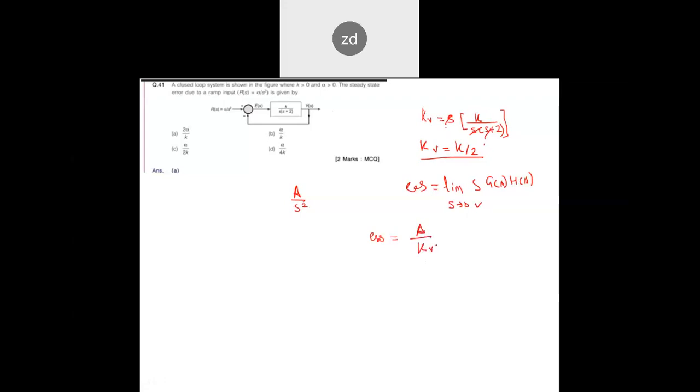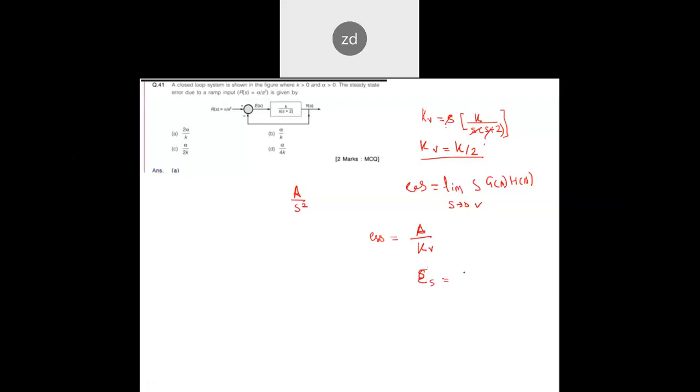So what is a by kv? My a by kv would be equal to, so this is my k by 2 value, and my input is alpha basically. What is the error value?